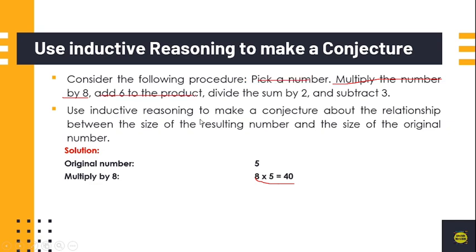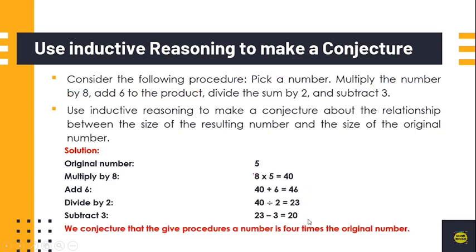Next, add 6 to the product. So 40 plus 6 is 46. Next, divide the sum by 2. So 46 divided by 2 is 23.